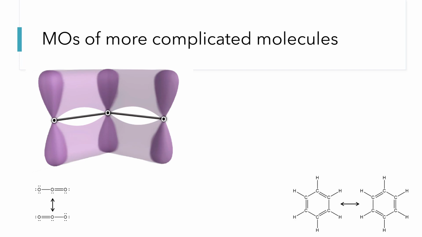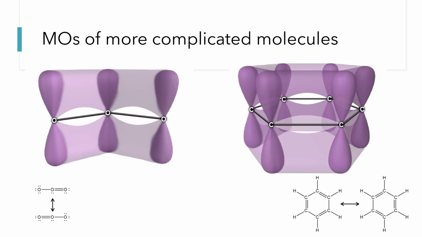The next molecule I want to take a look at is benzene, which hopefully you already went and peeked at the molecular orbitals for this. And I want to focus again just on that absolute lowest energy molecular orbital. It's going to involve all 6 carbon atoms that are in the ring of this benzene molecule.